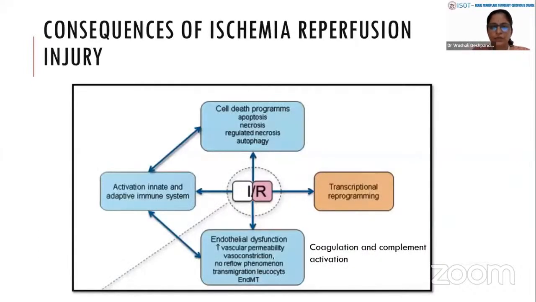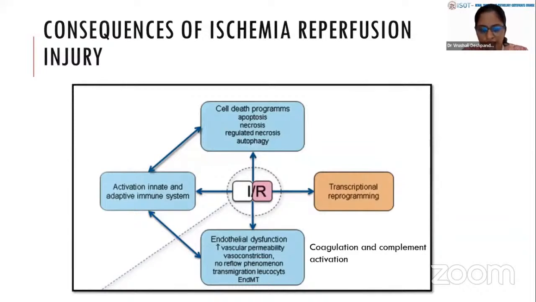Now let us have a look at what are the consequences of this injury at the cellular level. We have seen the cell is getting programmed to necrosis, apoptosis, regulated necrosis, and autophagy. Apart from that, a very important component of ischemia reperfusion injury is endothelial dysfunction. The endothelium is also prone to ischemia.